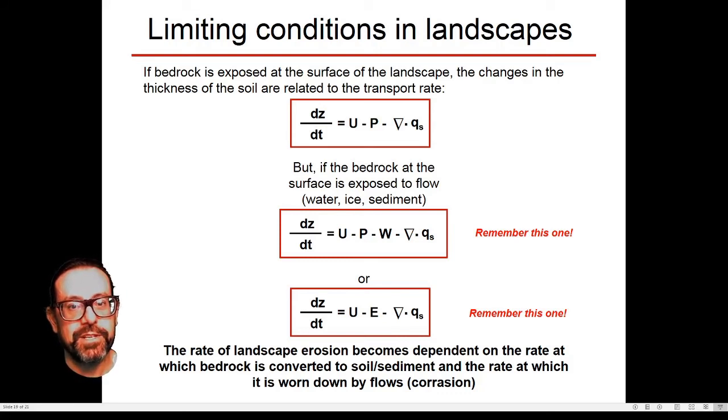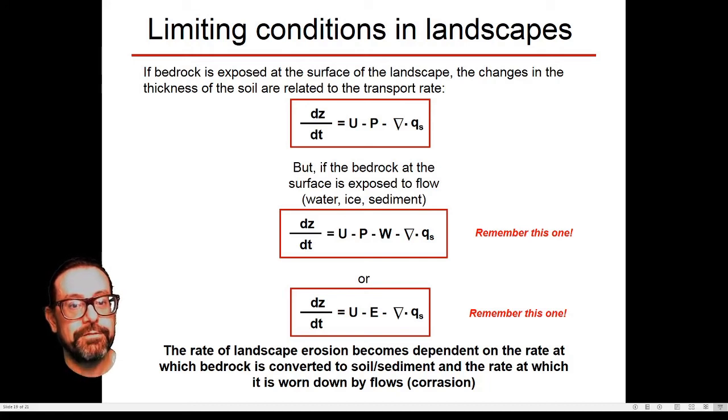And so if we take this expression and insert it into this new generalized continuity equation, we wind up with this expression down here at the bottom. It tells us that the change in landscape elevation with respect to time is equal to the uplift of the landscape minus the erosion rate of the landscape, which includes both weathering processes and bedrock wear processes, where we have flows wearing away rock in the landscape, minus the sediment flux divergence.